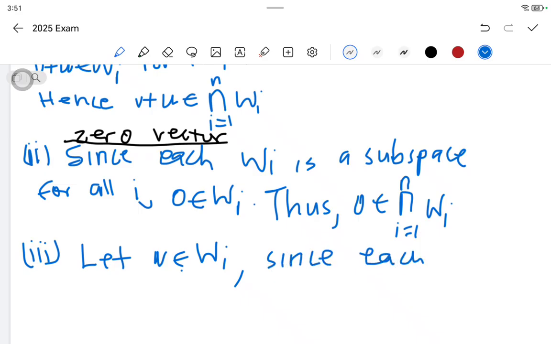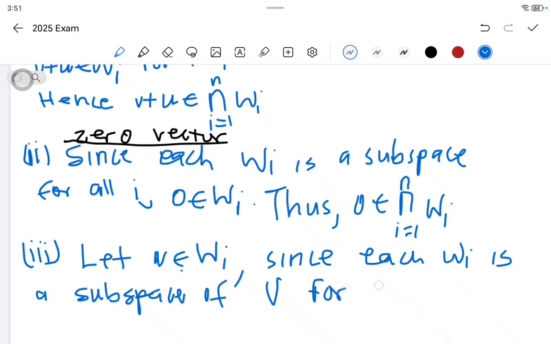the same reasoning, Wi is a subspace of V for all I. You say, right? So since that is a subspace for all I, then we pick this and we pick a scalar.